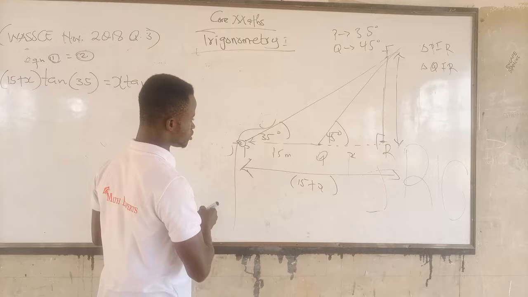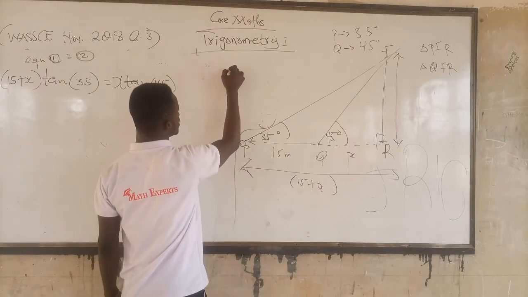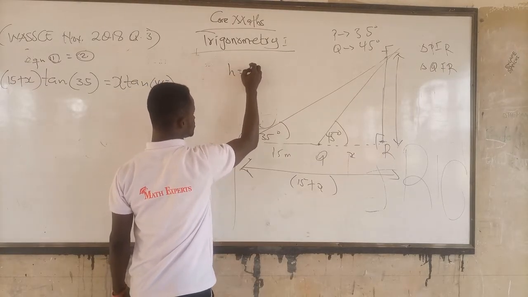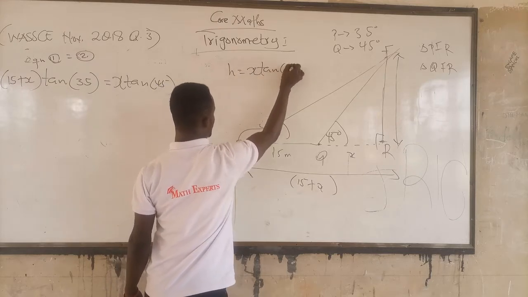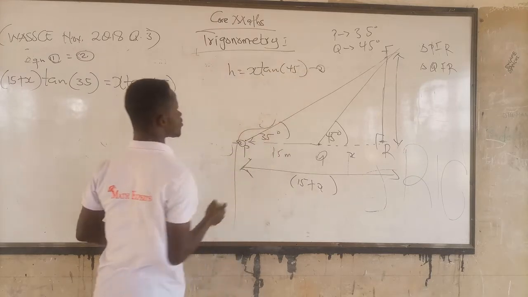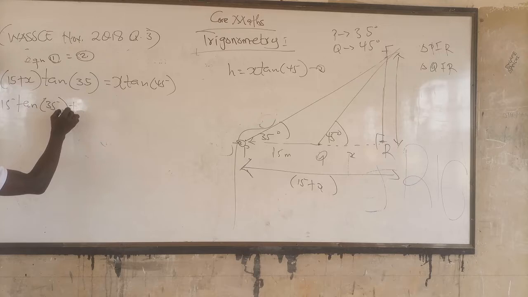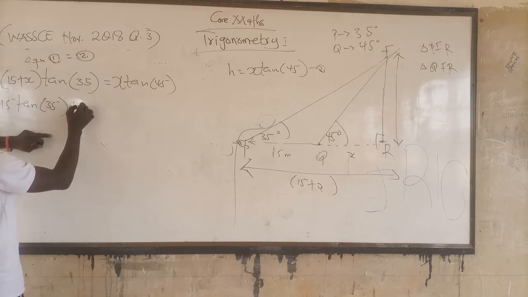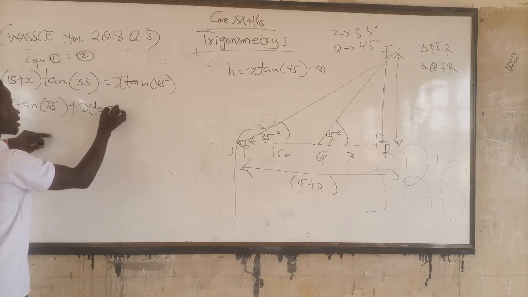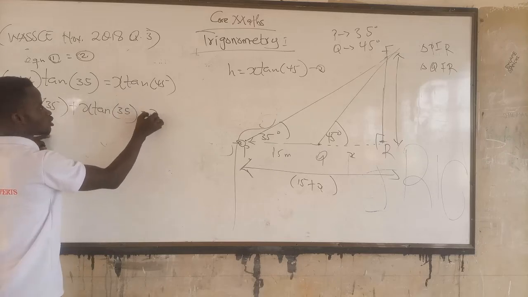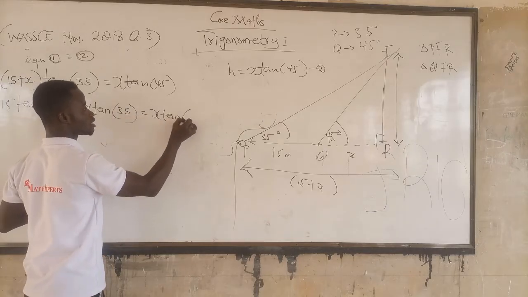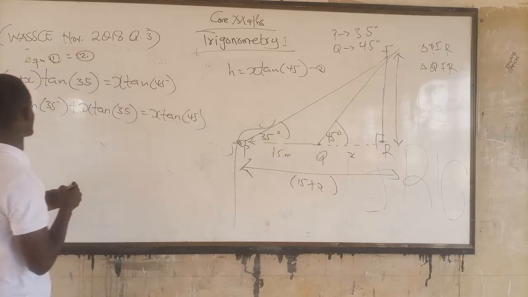Don't forget, I'll be using this, so let me write: S times tan 45. That's equation 2. Okay, so now let's solve for s here. So this times this, you get 15 times tan 35, plus this times this, you get s times tan 35, equals s times tan 45.